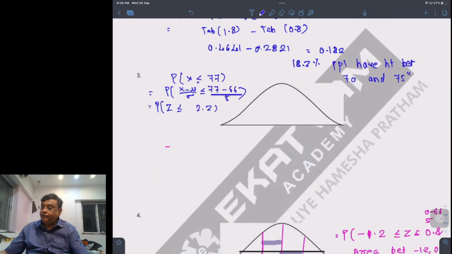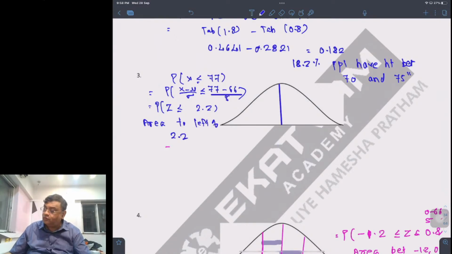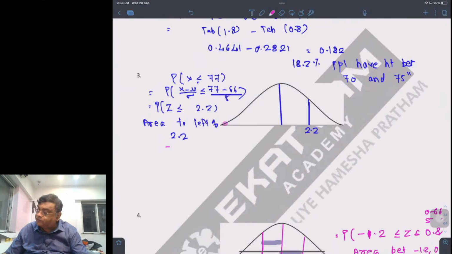So which area do you want? वर्बली अगर बोलेंगे, वर्ड्स में देखेंगे तो क्या होगा? This is the area to the left of 2.2. Now 2.2 is going to be the positive value over here. We want the whole area to the left of that. It's not just up till 0.